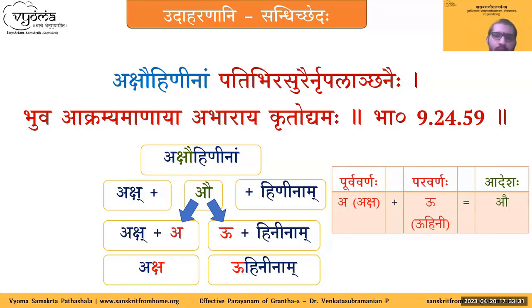Just now we saw an example in the Guna Sandhi exercise: Vikrita Urmi becomes Vikritormi. It doesn't become Vikritaurmi. So there the Guna Sandhi only occurs. So this case is very specific for these two words only. Aksha and Uhini should be on the left hand side and the right hand side respectively. Only then Vriddhisandhi occurs in this case.